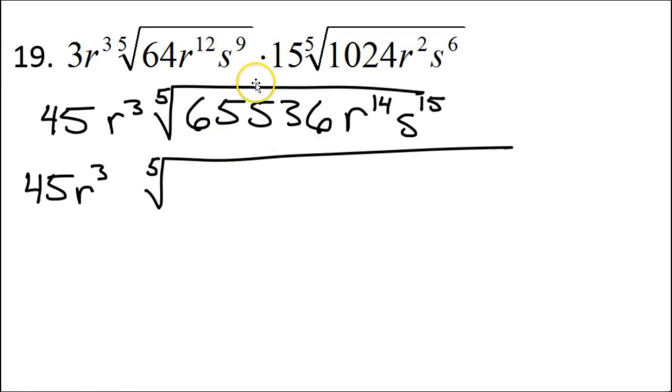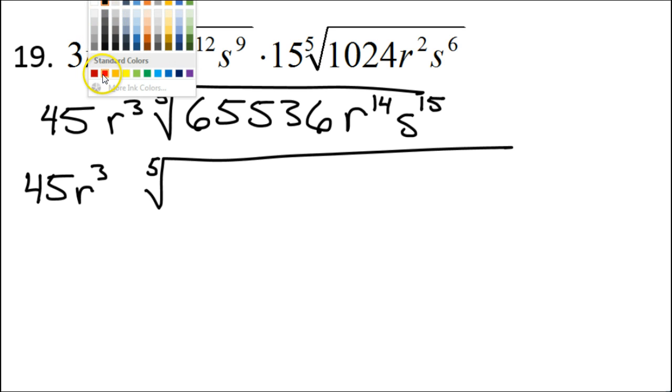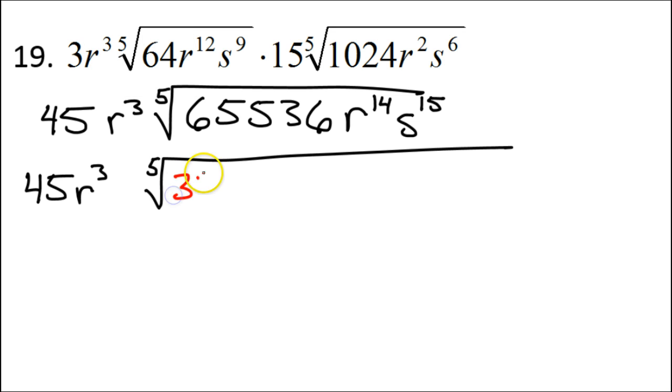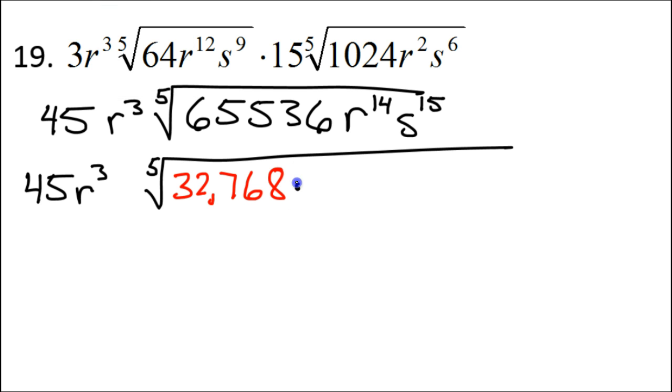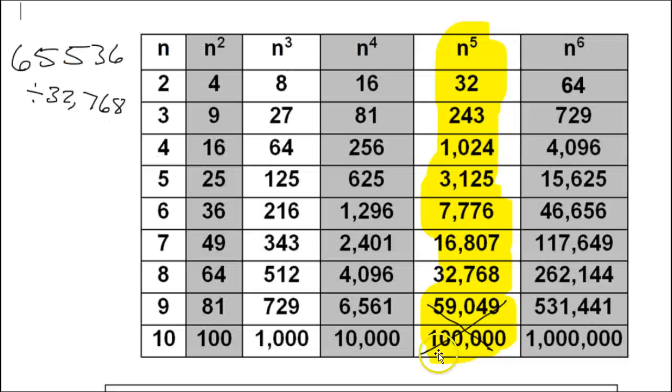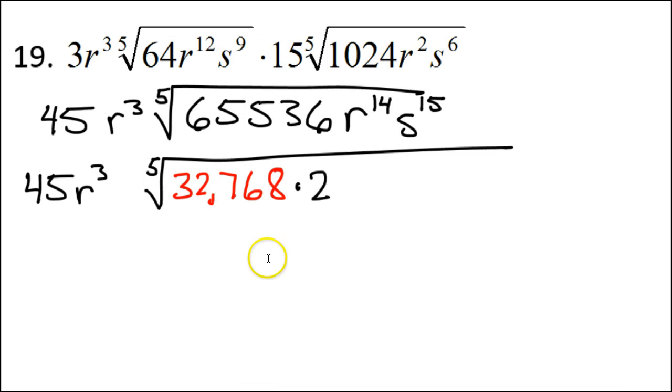Okay, so when I split this up, the first thing I'm going to have is 32,768, and then that is times 2. Just going to double check. Yeah, 32,768, and it went in twice.